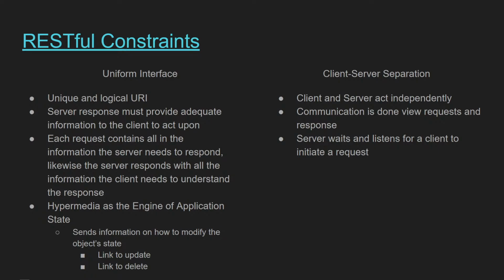And again, the server is going to respond. The response must provide adequate information to the client to act upon. So when the client requests, hey, can I have this person's profile, the server is supposed to send all the information that is required for the client to understand it.